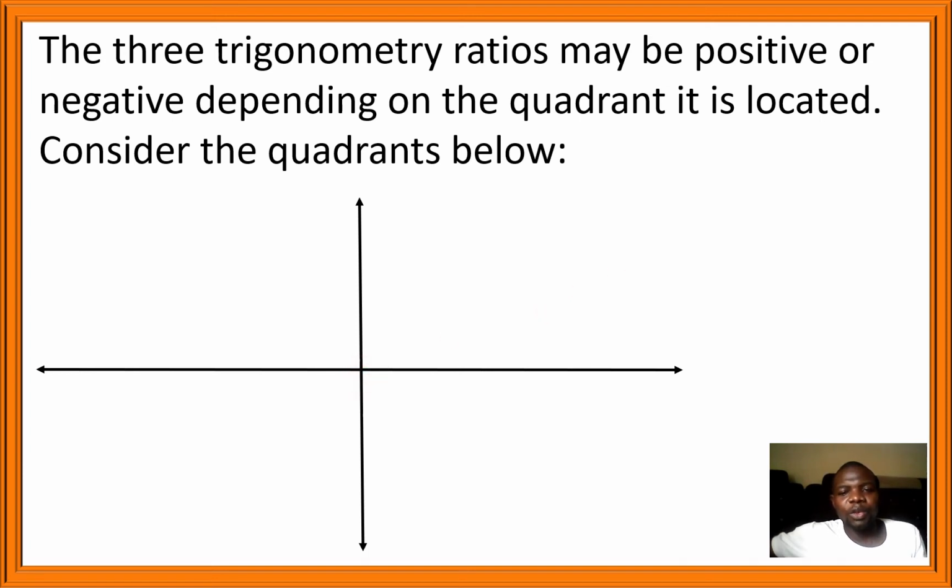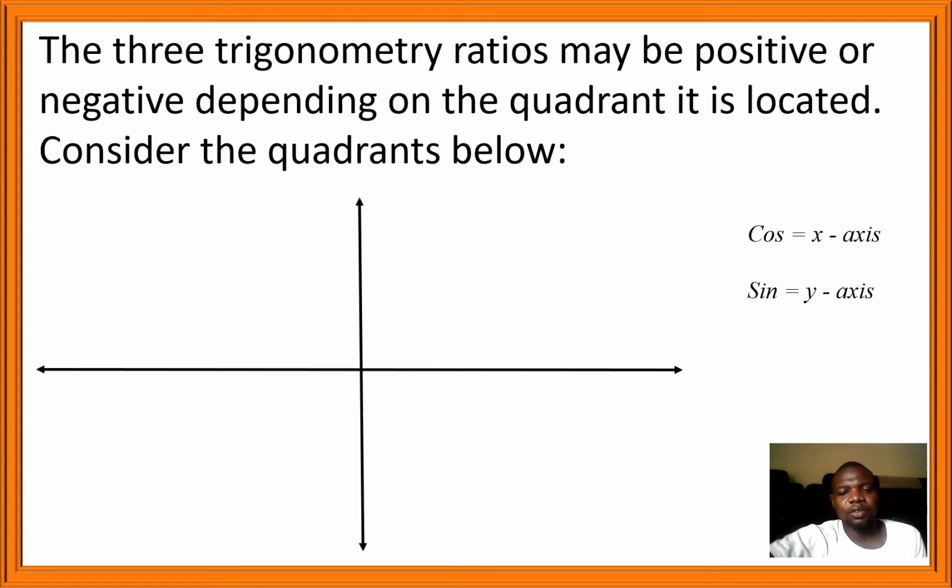So in trigonometry, the x-axis is associated to the cos, then the y-axis is associated to the sine. Then since in trigonometry we start from the first quadrant, or we read angles in anti-clockwise direction, we are going to start from the positive x-axis.